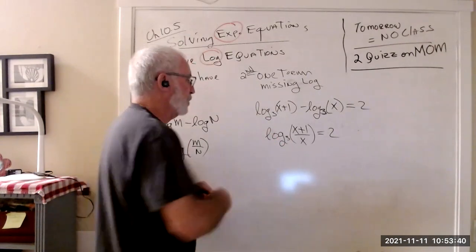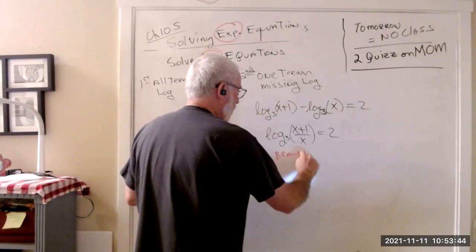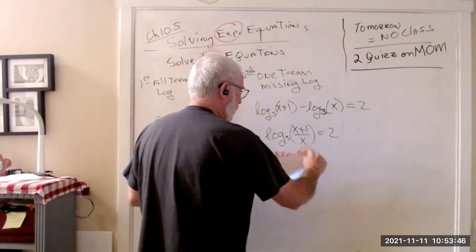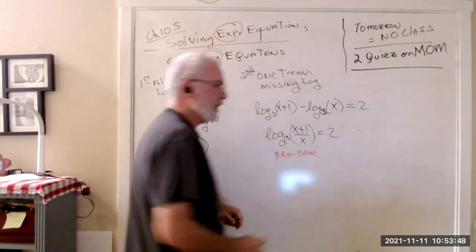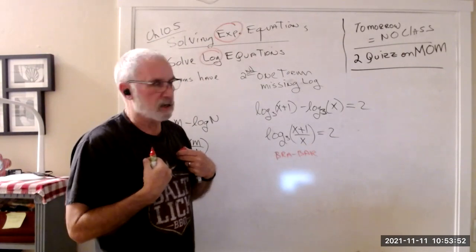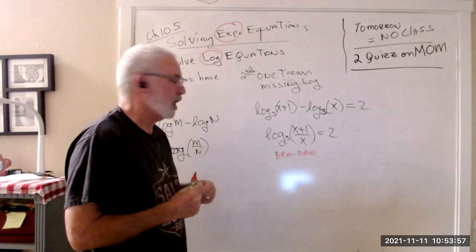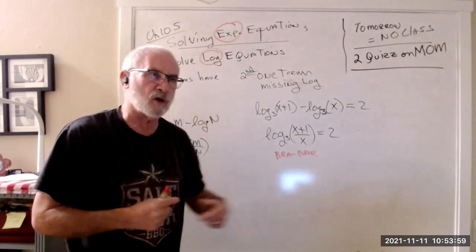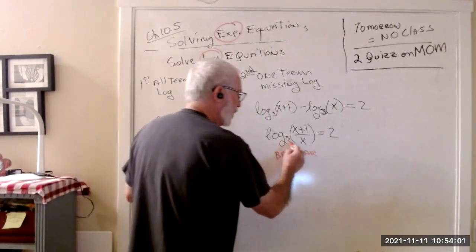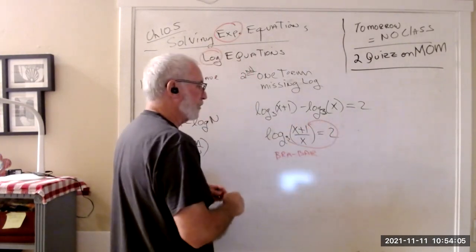Remember, bra-bar or bar-bra, it doesn't matter how you say it, that's a Fosterism. You won't find that in any math book, but that's Foster's talk for the definition of a logarithm.